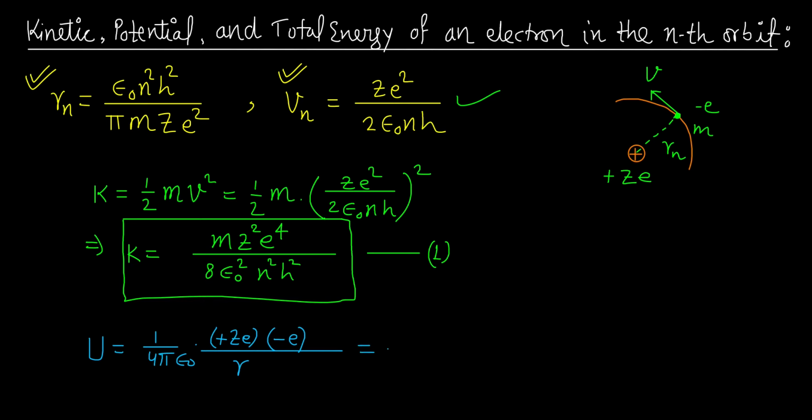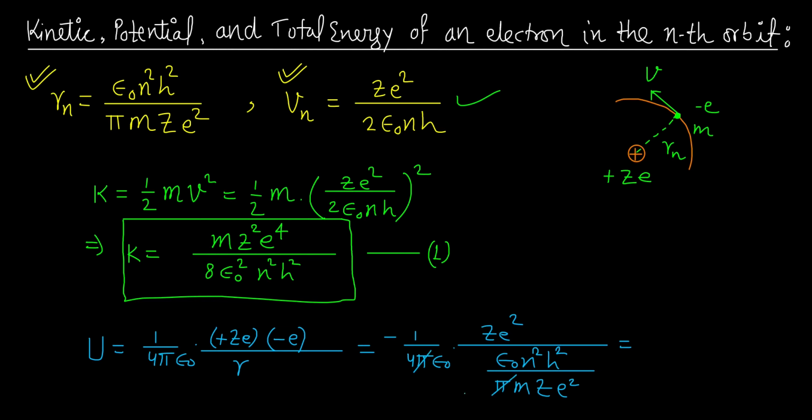If we put the value of R here, we get 1 upon 4 pi epsilon naught, and this will be minus, because plus Ze times minus e gives minus Ze square, divided by the radius value, epsilon naught n square h square divided by pi m Z e square. Bring this denominator into the numerator and cancel the terms which get cancelled. Pi will get cancelled.